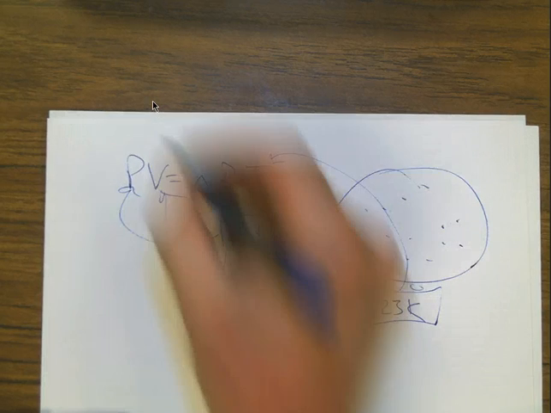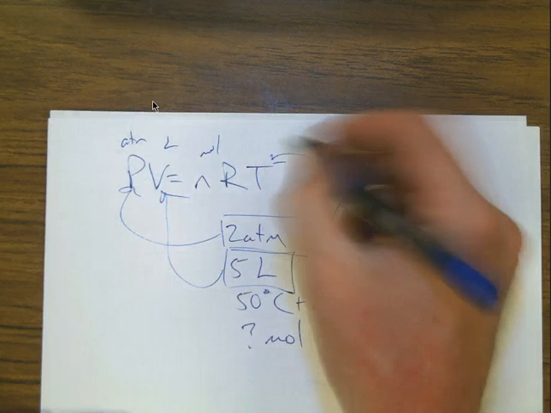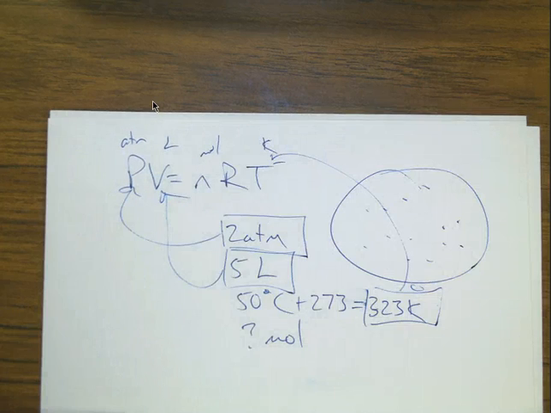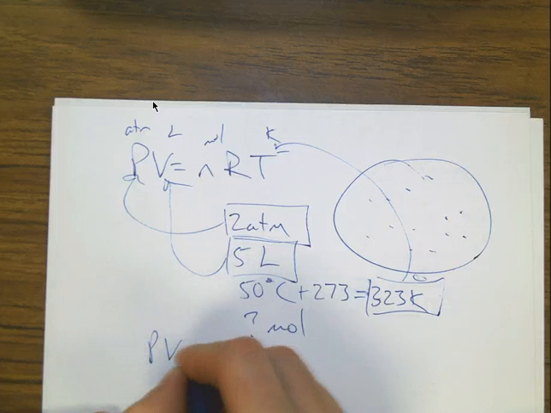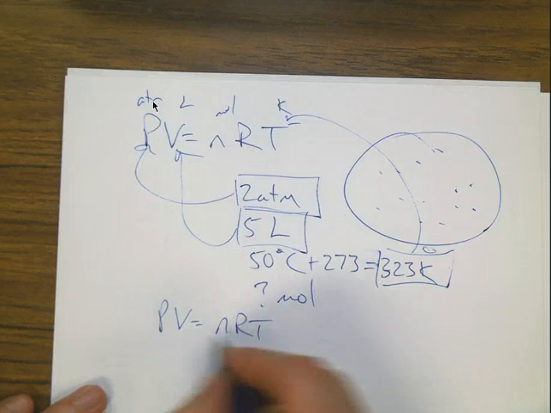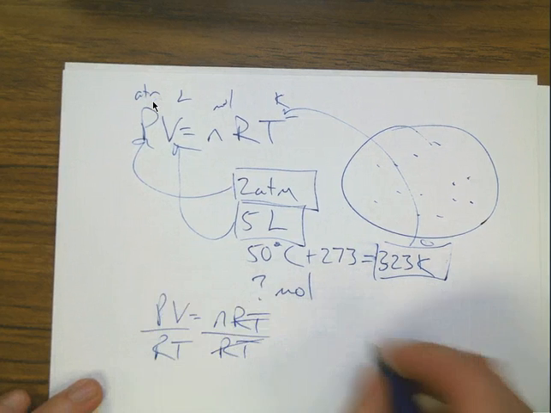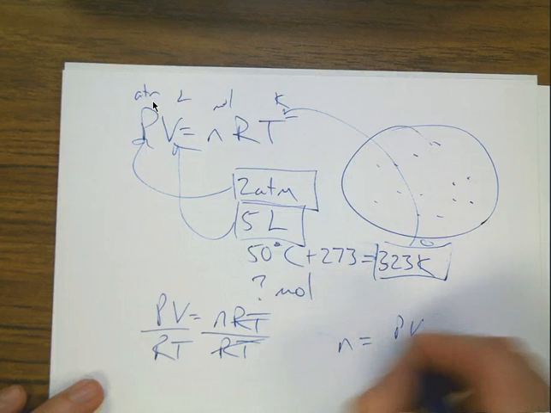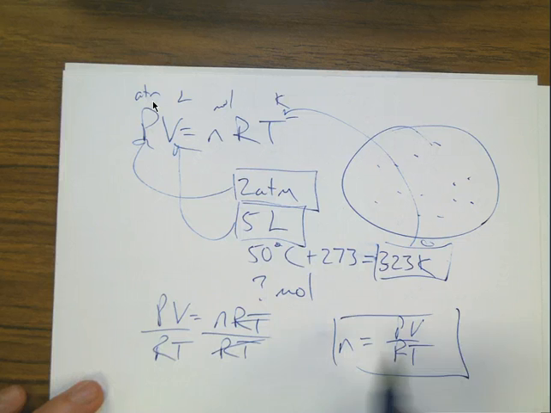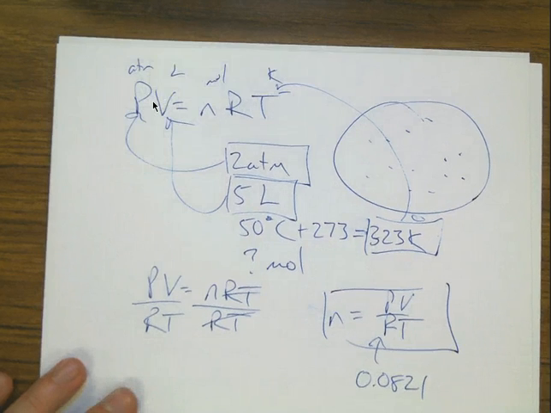Because remember, this has to be in atmospheres, this has to be in liters, this is in moles, and the temperature, of course, is in Kelvin. Then you would have to rearrange your equation to solve for moles, so I'd move R and T to the other side, and n equals PV over RT. You just take these numbers, stick them in there, and don't forget, R is the 0.0821 number that I referred to earlier in this lecture.